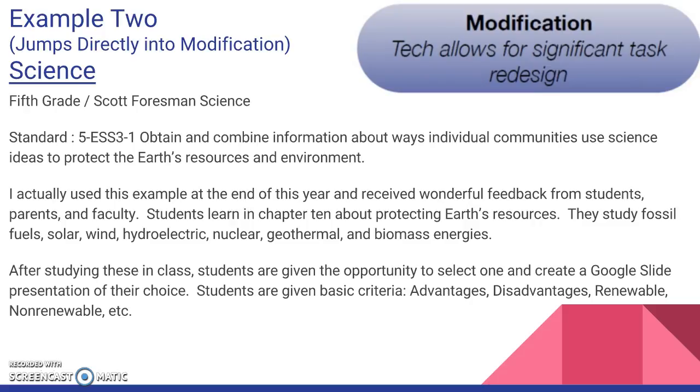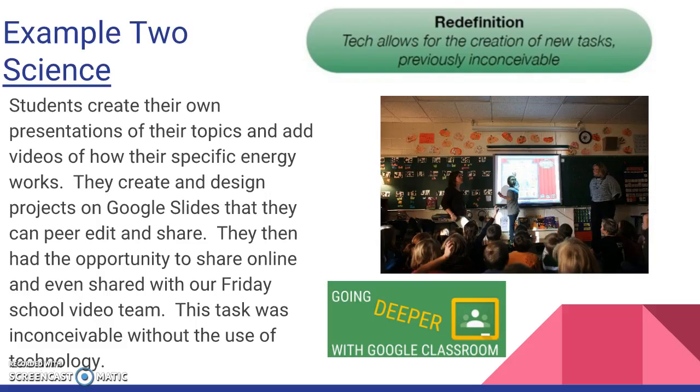They had 4 things that I had them choose, and then they were allowed to really create and design on their own. But I threw in advantages, disadvantages, renewable and non-renewable, and then gave them some direction, but then let them go with it.